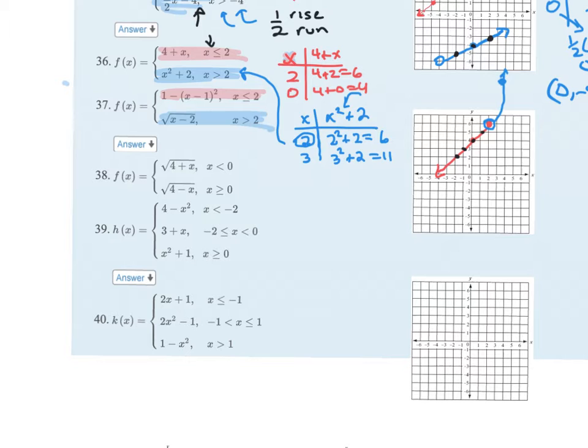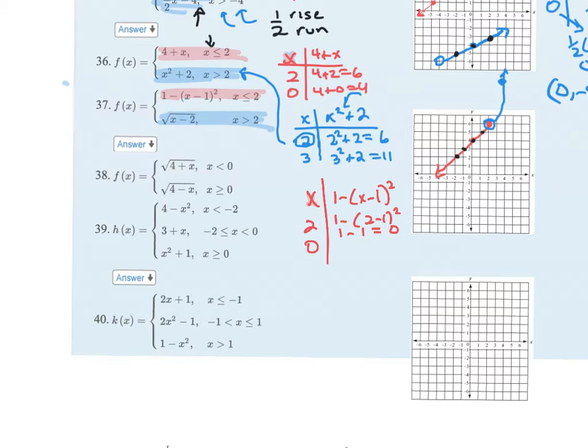But let's go ahead and plug in a couple values that satisfy x being less than or equal to 2. So if I write it here, 1 minus (x minus 1) squared, and then my x values have to be 2 or less, so I could plug in 2 and 0. So 1 minus (2 minus 1) squared, 2 minus 1 is 1, so 1 squared is 1, so that ordered pair is going to be 2, 0.